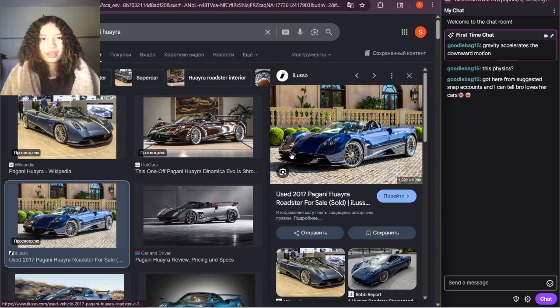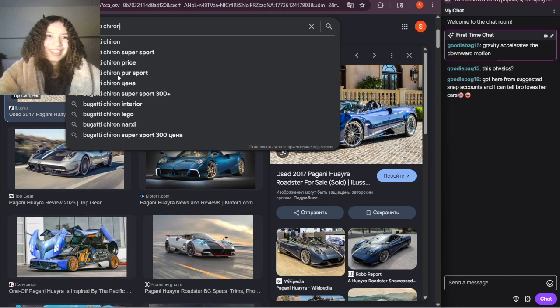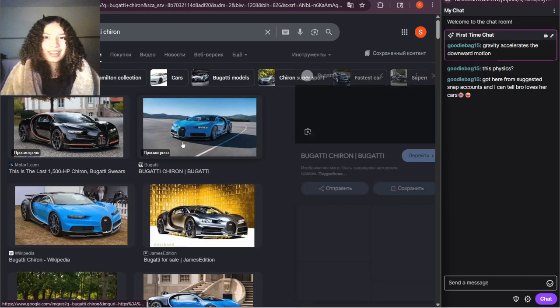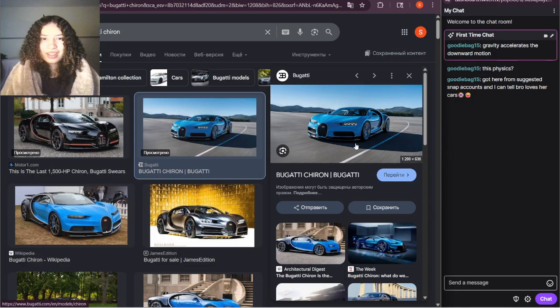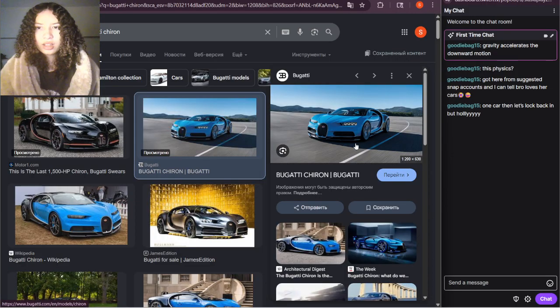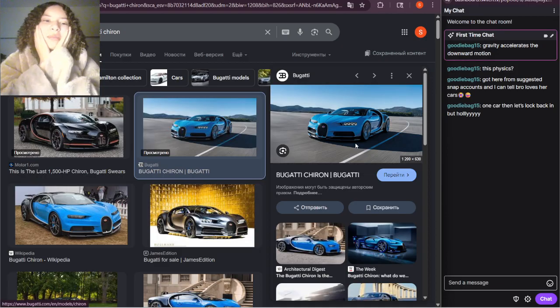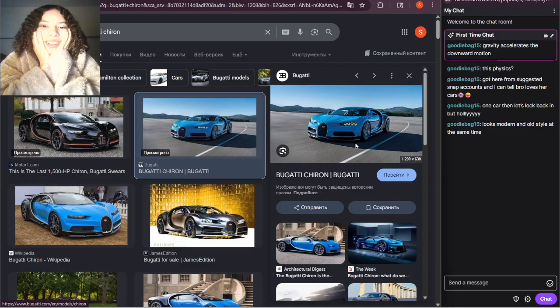But this car just looks so clean. Okay, I lied. One more car. This Bugatti. Dude, I think Bad Bunny had one, right? And he sold it. He sold this for like a Honda Civic. Which honestly, it probably was so much money to maintain. This is another $3 million car.